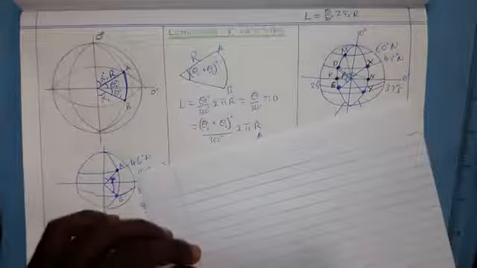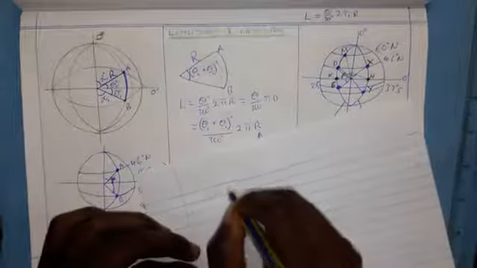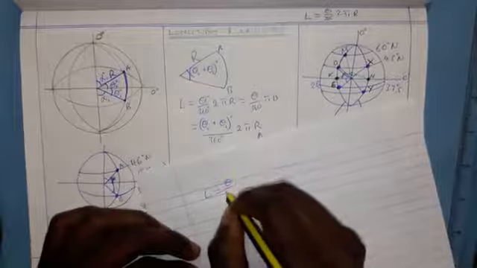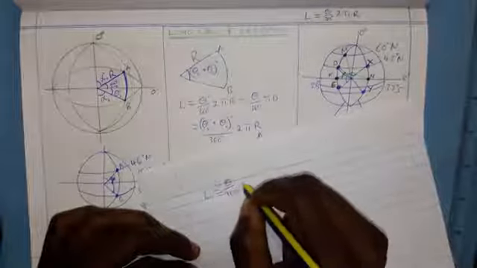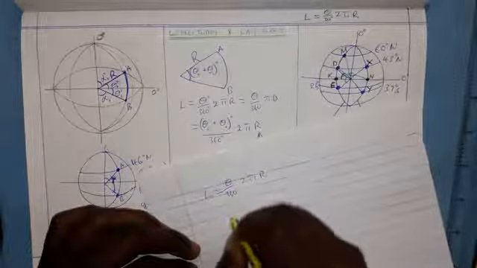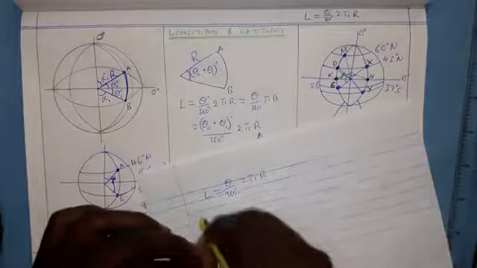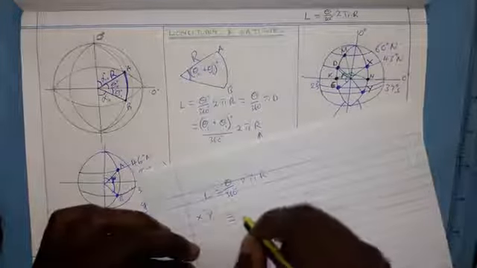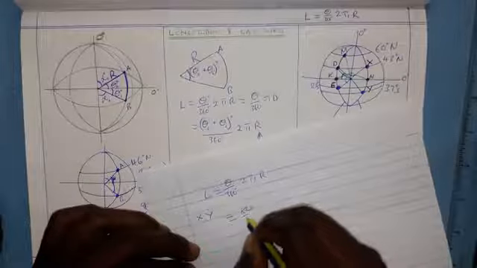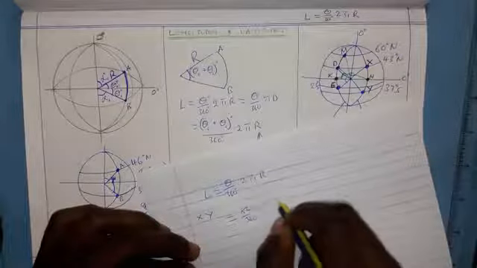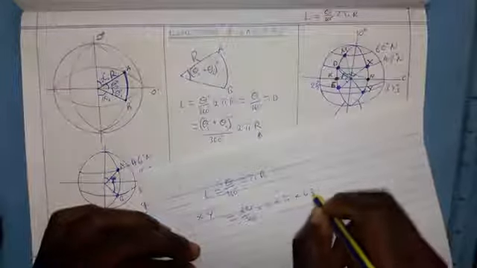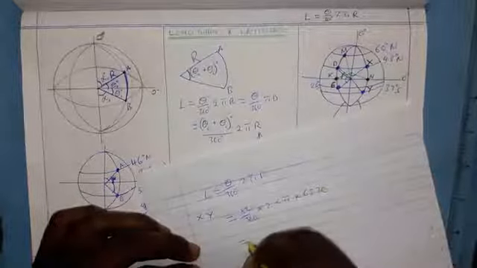Now, I'll have this as L is equal to theta over 360 times 2 pi r. So in the first case we have XY. This will give us 80 over 360 times 2 times pi times 6370, which was our r.